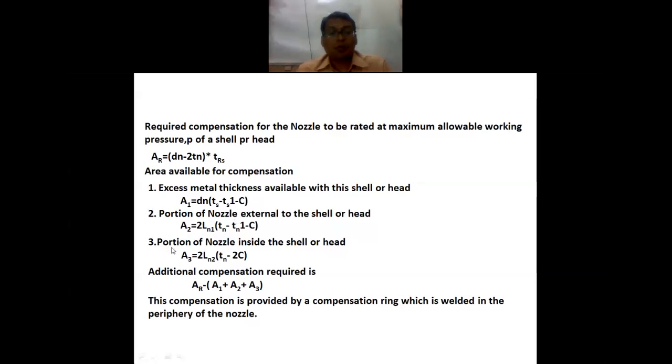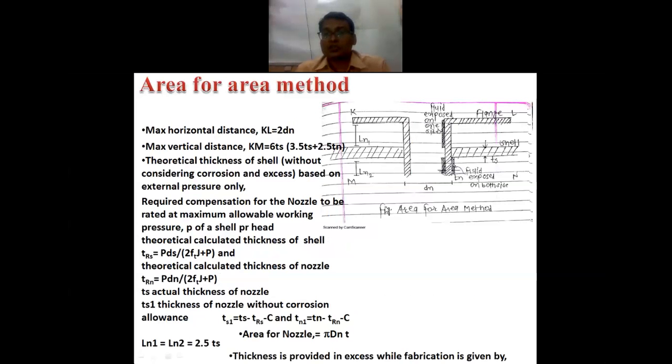Now there is a portion of the nozzle inside the shell or the head, which is protruding inside the vessel. That also acts as an additional part. So this is A3, which is equal to 2 times Ln2 into the thickness of the nozzle minus 2 times the corrosion allowance. Why 2 times the corrosion allowance?